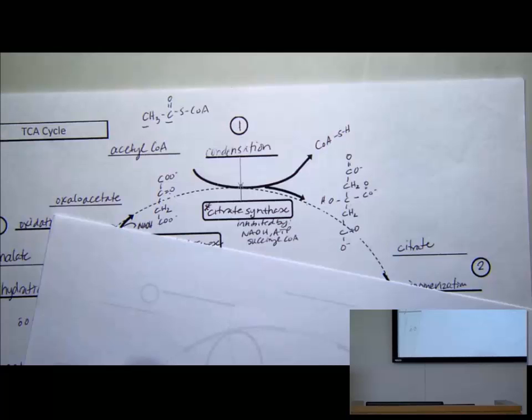And the top 2 carbons stay. We're going to show some experiments where we put radioactive acetyl groups in there, and see when they leave, which round. That's a pretty interesting experiment.